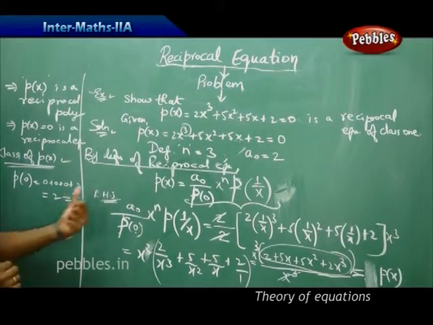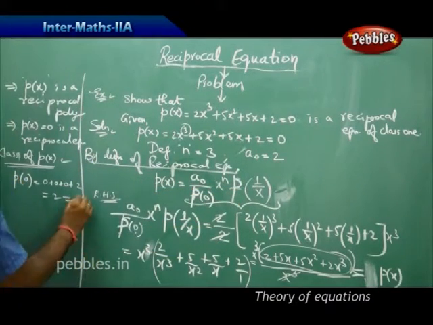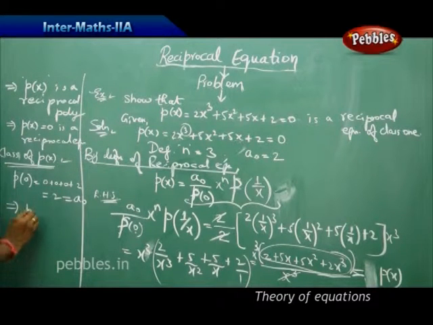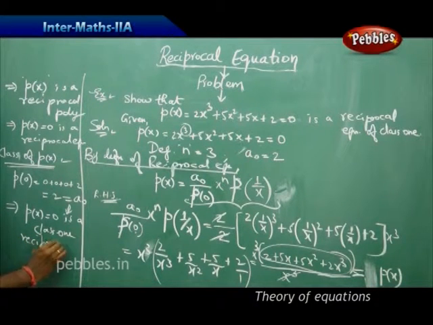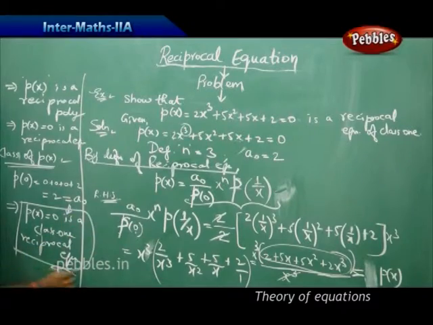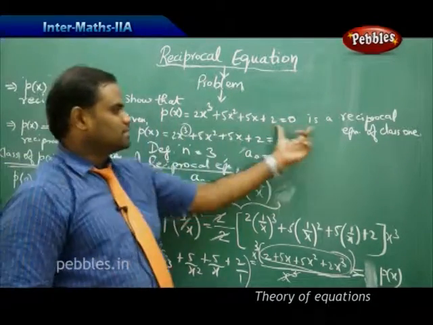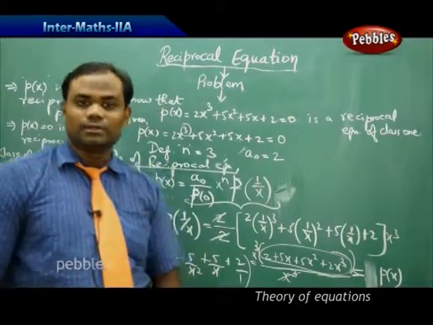But this is clearly the leading coefficient a naught. Now when P of 0 is equal to a naught, that implies P of x equal to 0 is a class 1 reciprocal equation, because of the definition of a class 1 reciprocal equation. Hence, we showed that this is a class 1 reciprocal equation.